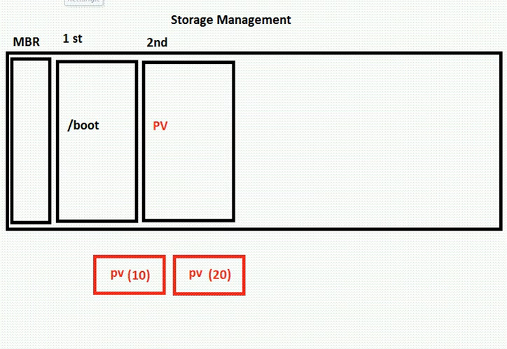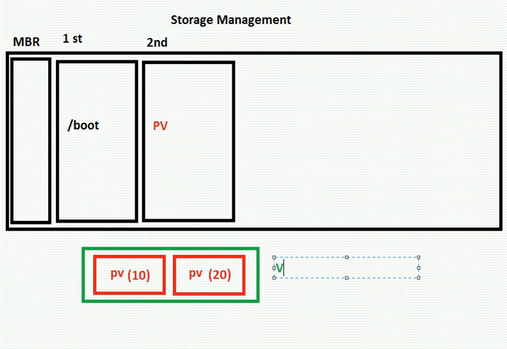System administrators then combine both of these to create what is called a VG. This green thing is a VG. VG stands for volume group. PVs and VGs are usually given names, which we'll see later. But what is created by combining two physical volumes is a volume group.